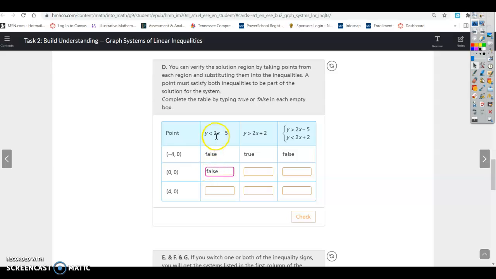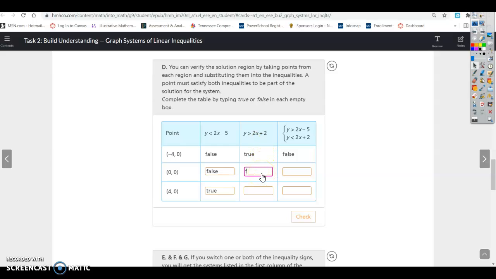All right, plug in 4. 8 minus 5 is 3. Is 0 less than 3? True. All right, for this one, is 0 greater than 2?